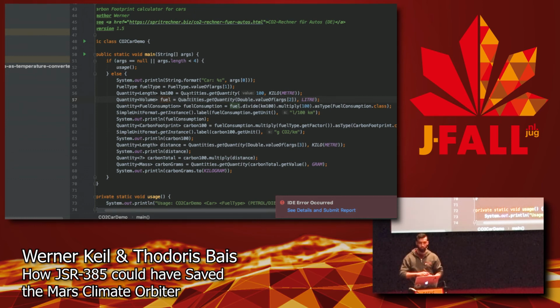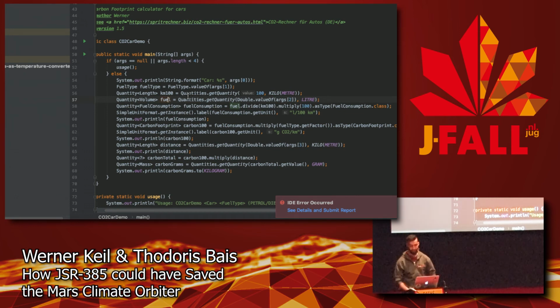Thodoris just brushed the case that parsing could lead to something like kilometer per ton. Now here we talk about something that's slightly the other way around.